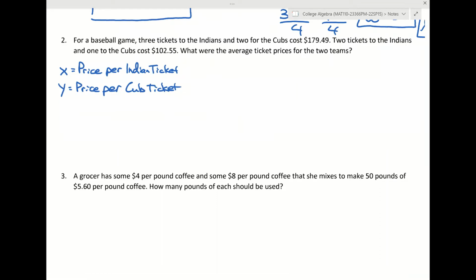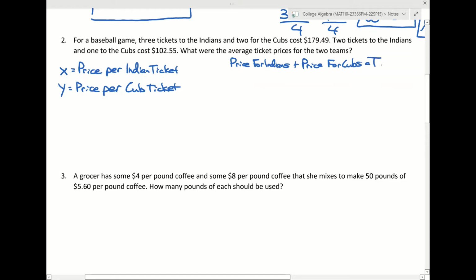Because if it gives us a total price of 179, the way that we figure this out is we figure out the total price for Indians plus the total price for Cubs equals the total price.